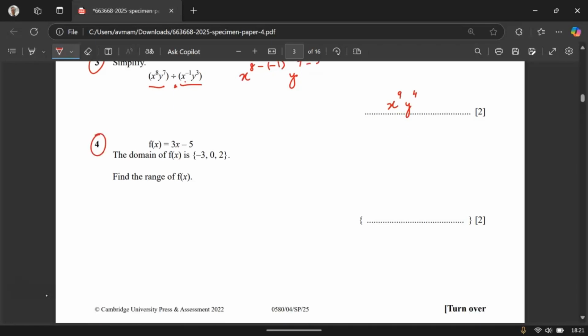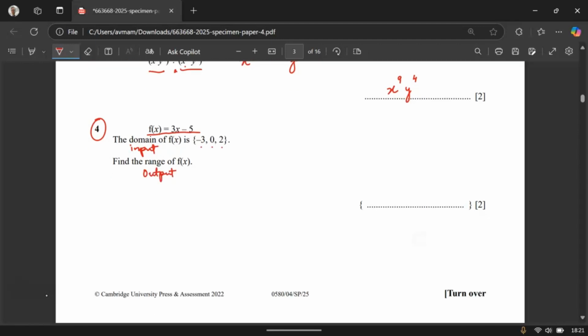Let's go to question number 4. The domain, the input of f of x, is -3, 0 and 2. Find the range. Range is your output. One by one, let's find out. F of x is 3x minus 5.